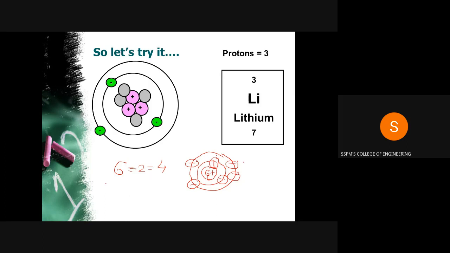The capacity of the first shell is 2, the second shell is 8, and the third shell is 18. In this way you can fill the electrons.